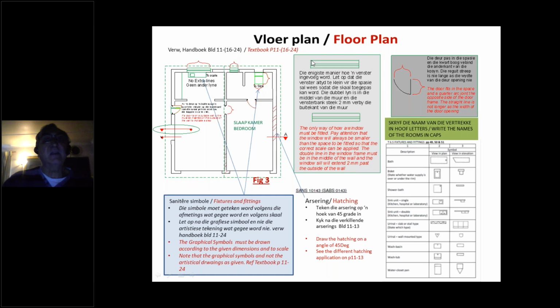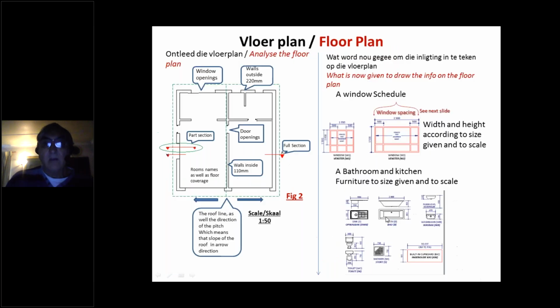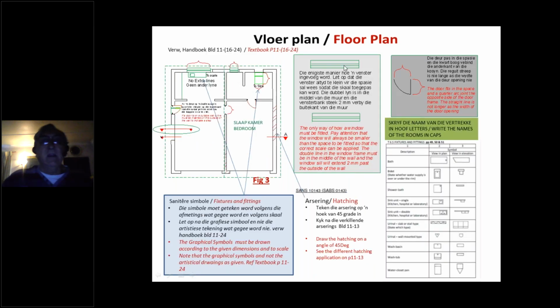I have to fit in a window according to the spacing or the window schedule. Now, there's only one way of drawing a window in a block. If you look there, you'll see that the space between the opening that they give you is usually wider than what the window will be if you do it according to scale.